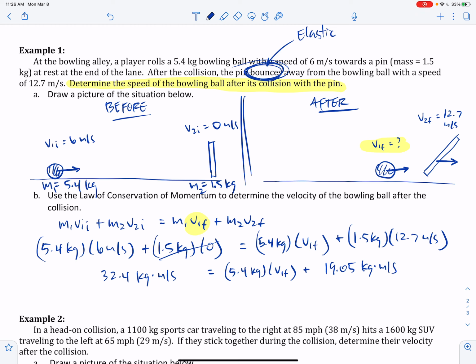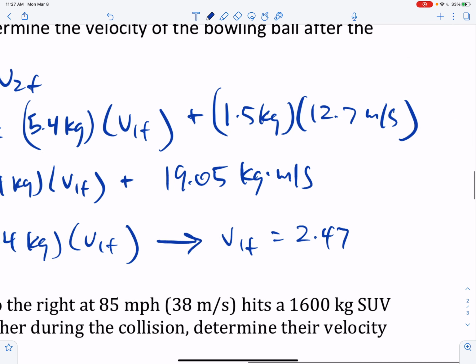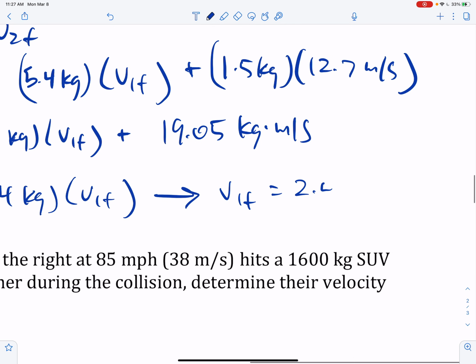Okay, so bringing this over to the other side, subtracting both sides by 19.05, I get 13.35 kilogram meters per second is going to be equal to 5.4 kilograms times the final velocity of the bowling ball, which means the bowling ball's final velocity is going to be 2.47 meters per second.